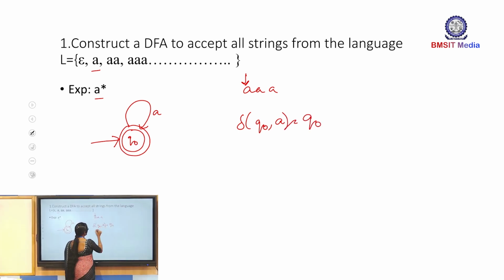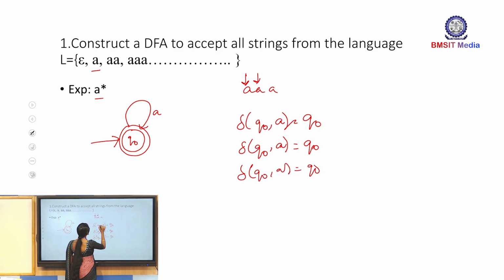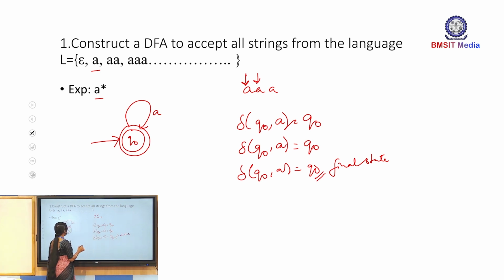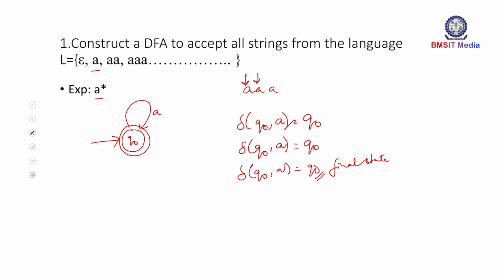Now coming to the next one, since Q0 is the current state, on accepting a symbol A, you can see that we still remain in the same state, Q0. And the next one, Q0, A, and the next state is Q0, because we are looping back again to the same state. Since this is the final state, we can state that the string is accepted by the DFA. So this is one of the basic problems.